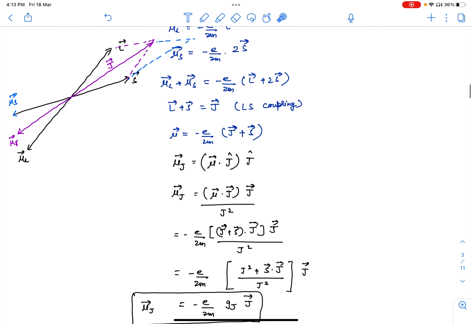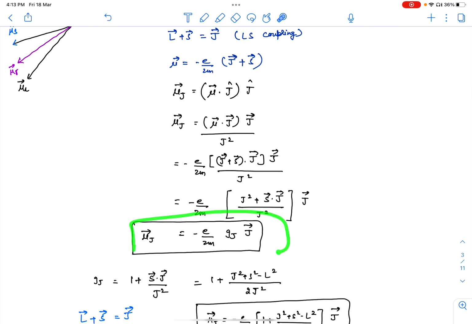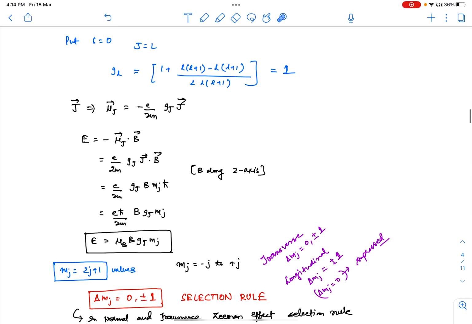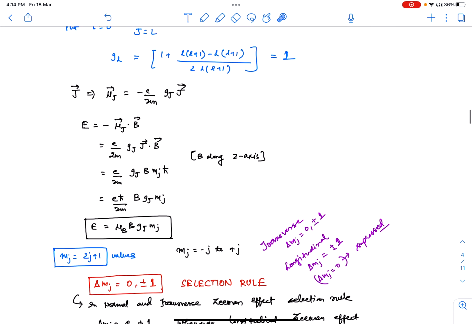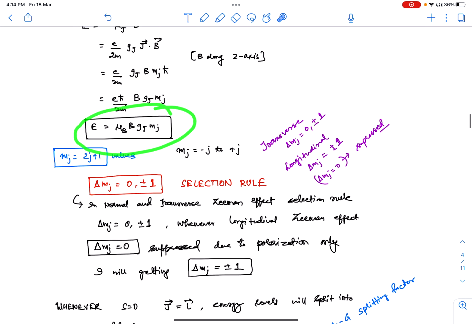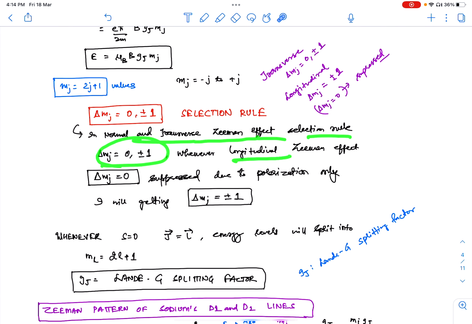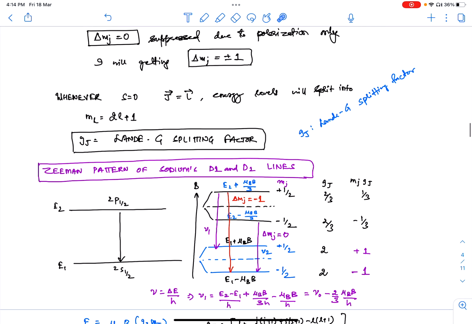The anomalous Zeeman effect: we have done all those, mu_J equals e by 2m g_J J, as we have calculated the Landé g factor. J is called mu_J, yes, we have done all those. Mu_B B g_J m_J. The selection rule we have done: delta m_J is equal to 0, plus or minus 1. In the normal and transverse Zeeman effect, we have this selection rule, and in the longitudinal Zeeman effect we have seen that delta m_J equal to 0 is suppressed, and the light is circularly polarized, as we have already seen in the initial part of our lecture.